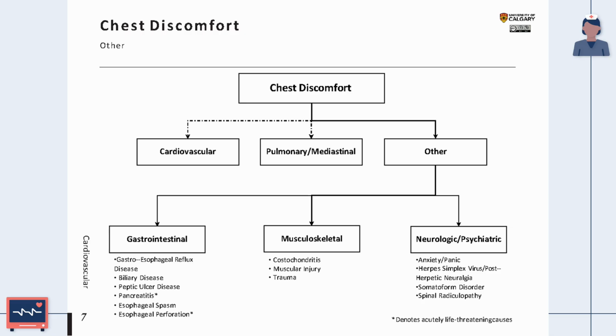Think MSK, costochondritis is a really common cause of chest pain, or some kind of trauma, rib fractures. Neurological or psychiatric, so anxiety is a common one, but again, this is going to be a diagnosis of exclusion. We want to work up chest pain appropriately. It could be dermatological, such as shingles presenting in a specific dermatome.